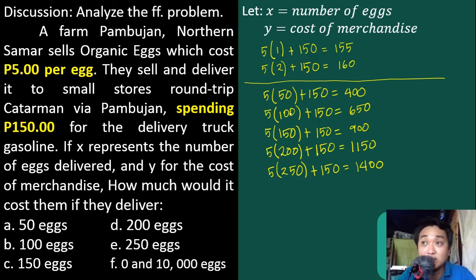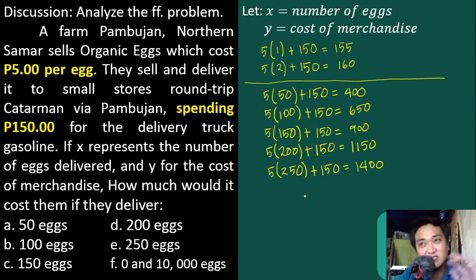In this case, gradual lang naman yung paglaki or pagdami nung kinakarga nilang itlog. Hindi siya nakakaapekto masyado dun sa bigat nung truck. Sa madaling salita, di hamak na mas mabigat pa nga yung truck kaysa dun sa karga nilang merchandise.